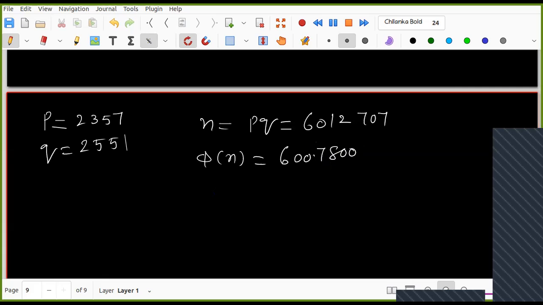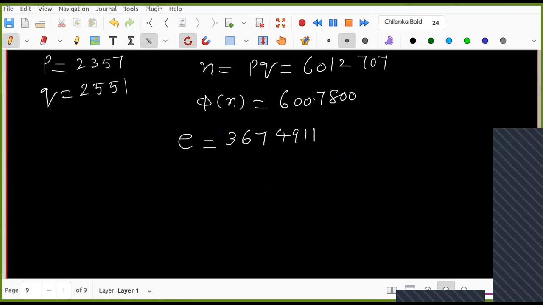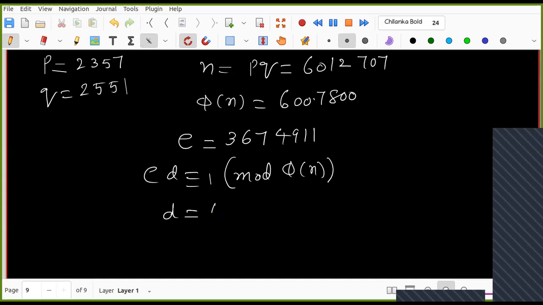Now you have to choose e. Let us choose e equal to 3674911, some big number, but it is less than phi of n and relatively prime to phi of n. Now we need e congruent to 1 modulo phi of n, so we can figure out that d is equal to 422191.